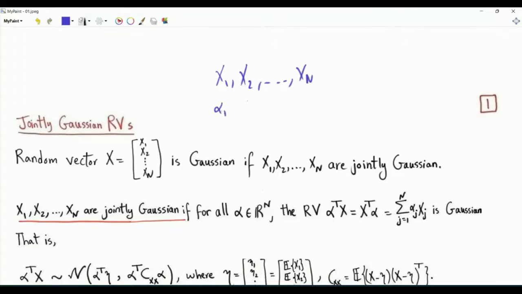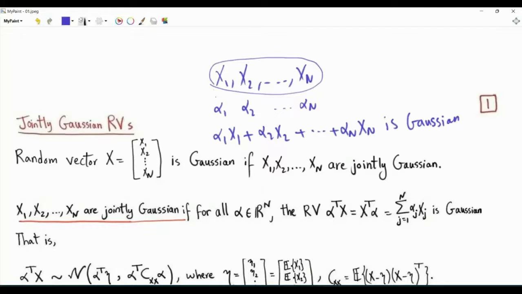So for every alpha 1, alpha 2, all the way to alpha n, which are real numbers, if alpha 1 x1 plus alpha 2 x2 plus alpha n xn is Gaussian, and this is true for any selection of those alphas, then we say that this collection of random variables is jointly Gaussian. And if those random variables are the components of a vector, then we say that the vector is Gaussian.